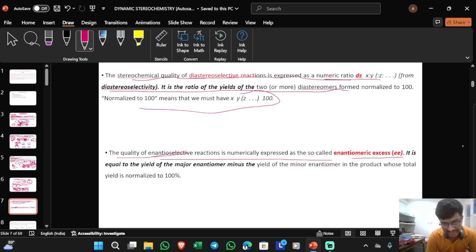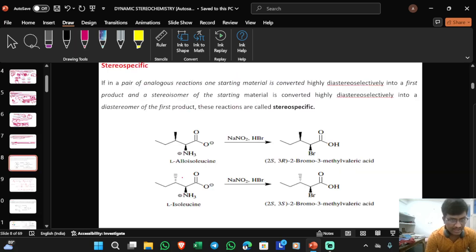This is called enantiomer selective excess. It is equal to the yield of the major enantiomer minus the yield of the minor enantiomer in the product, whose total yield is normalized to 100%. X percent.